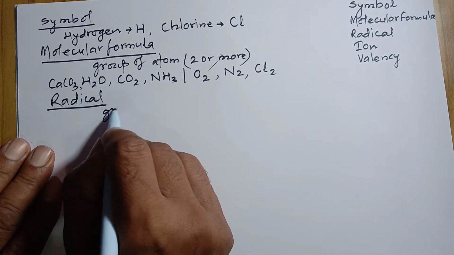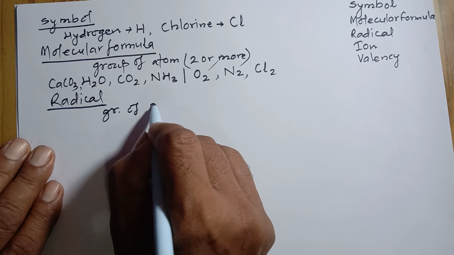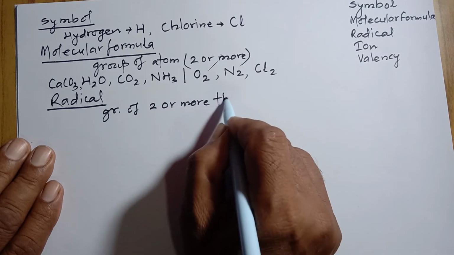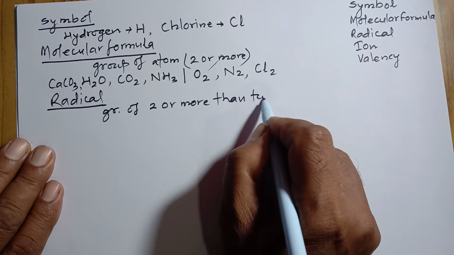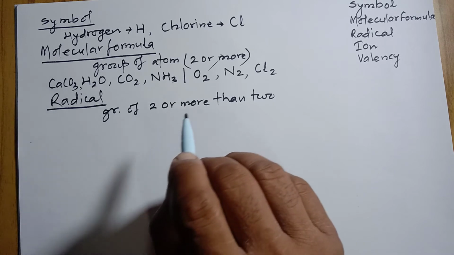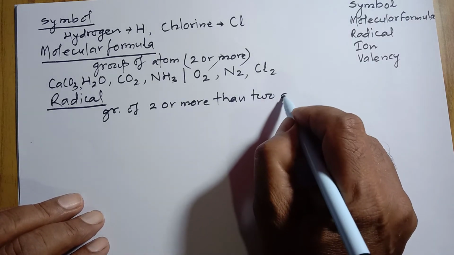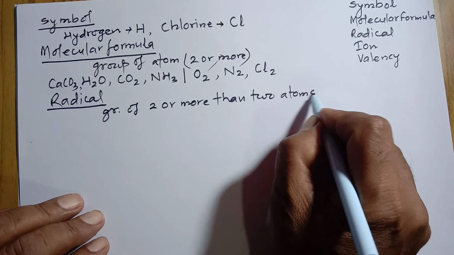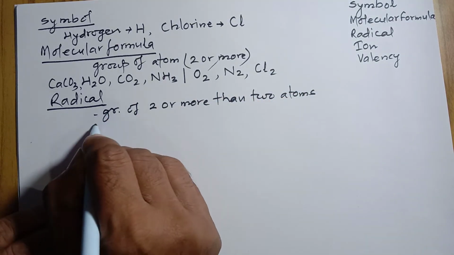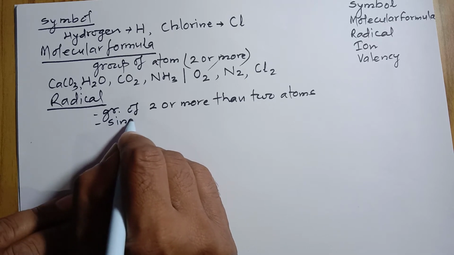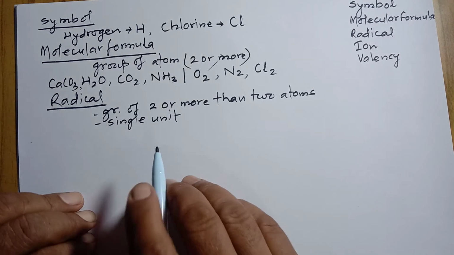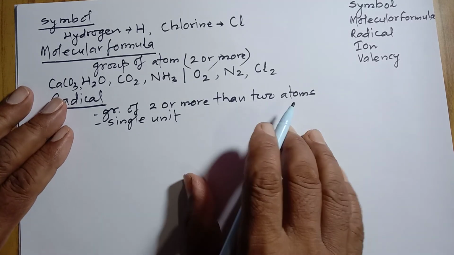It behaves as a single unit in the chemical reaction. A group of two or more than two atoms of elements which behaves as a single unit in the chemical reaction is called radical.